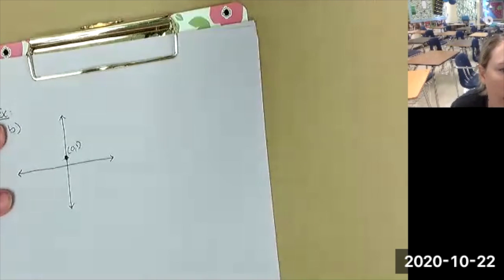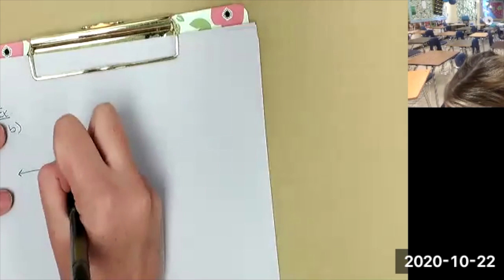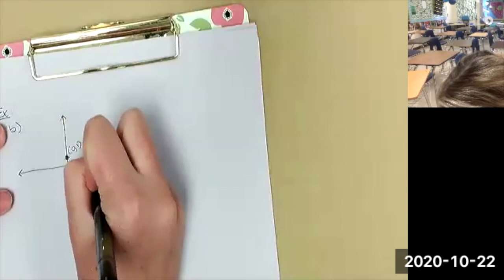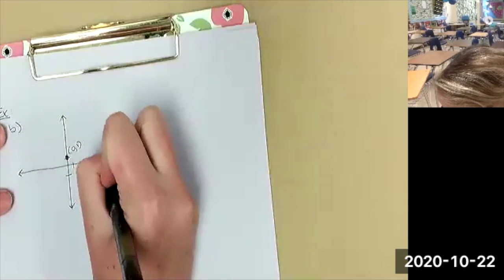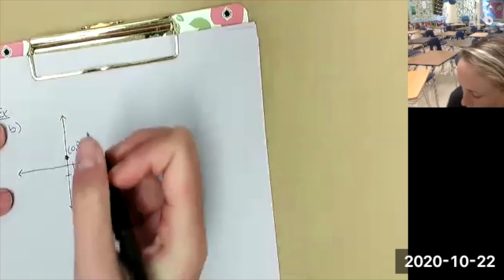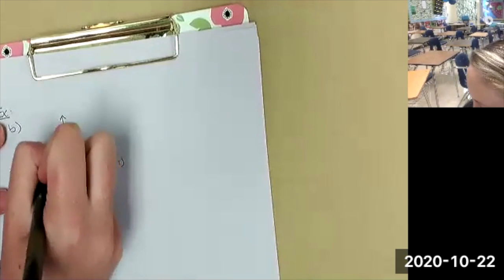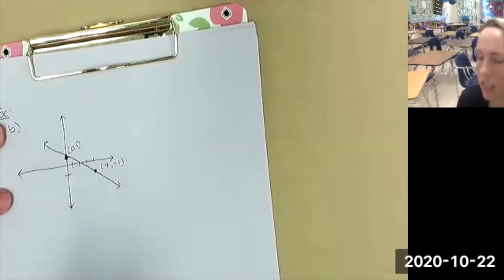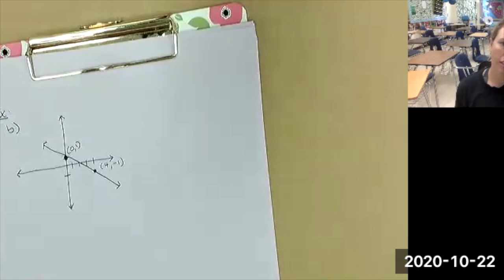And then the next point is at (4, -1). If they don't give us the y-intercept, we're going to talk about that later, but we have to solve for it some way. Today we're going to learn how to solve for the y-intercept using just the slope-intercept form. And then on our next set of notes for point-slope, we're going to use a different formula to find our y-intercept.